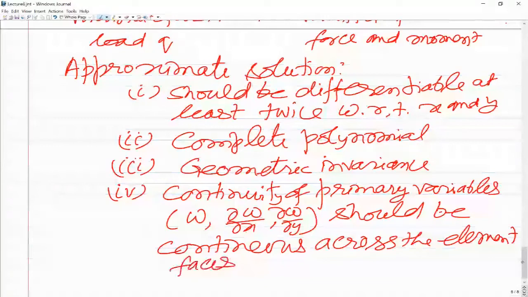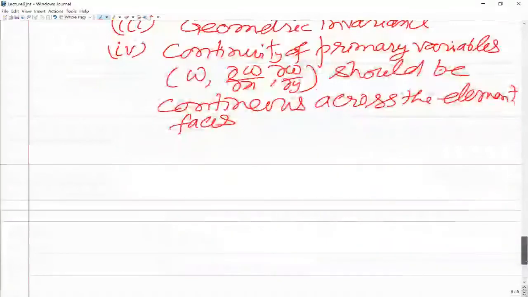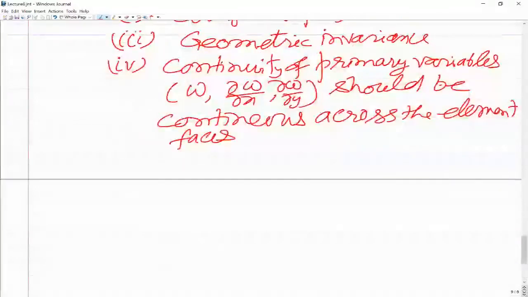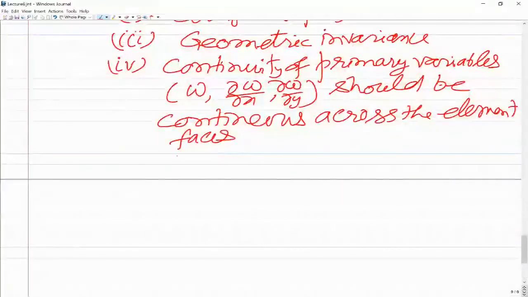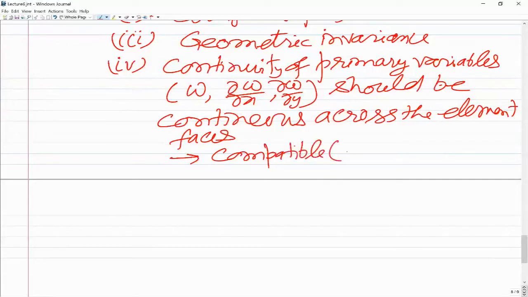And if we can formulate such an element, that element is known as a compatible or conforming element. Compatible means it satisfies the compatibility condition, that is why compatible.